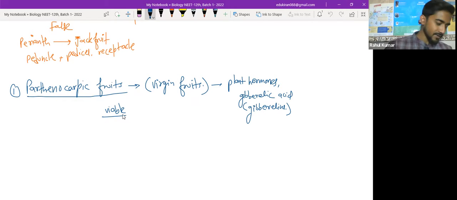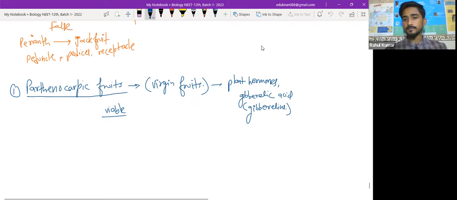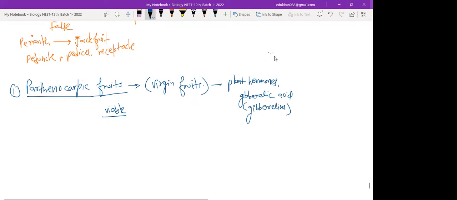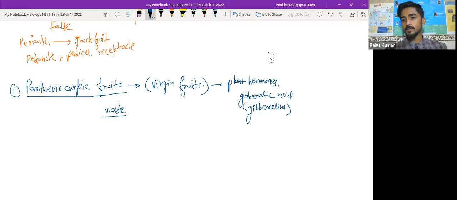You have seen seed-like structures inside a fig? But those seeds, if you put them in the soil, they will not germinate. They are very dispersed, small seed-like structures. They are not viable. Most of the figs in the market are developed through parthenocarpy, just to make them pulpier and bigger.